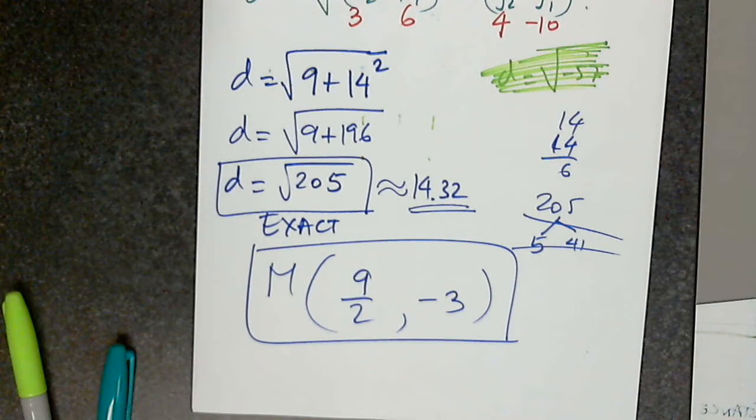So we found the distance between the 2 points that we picked, the square root of 205, or roughly 14.32 units, and we found the midpoint of the line segment between the 2 points that we picked, which is the point that will bisect, will divide the entire line into 2 equal parts.